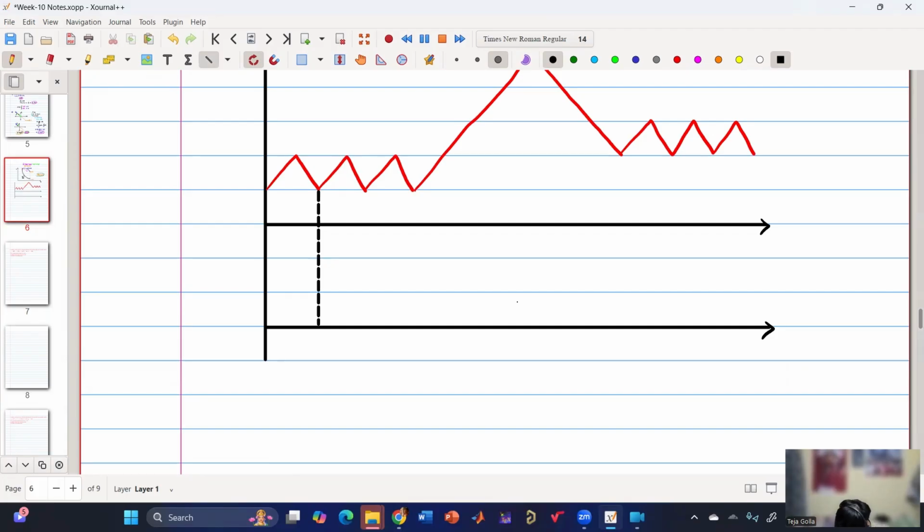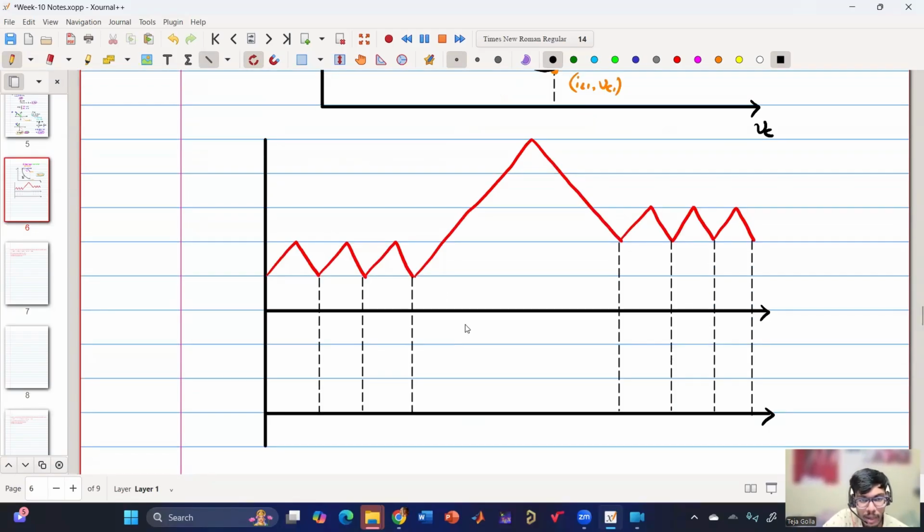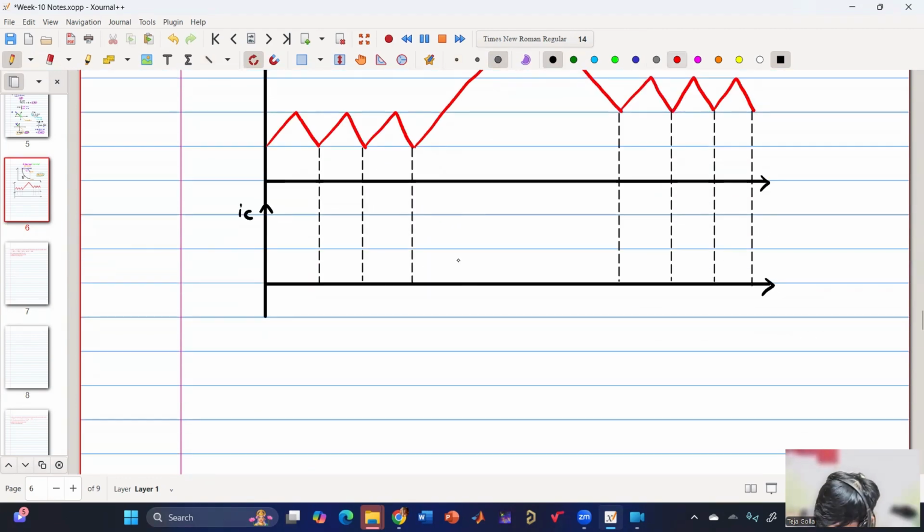So now I have to draw the voltage. Or first I'll draw the capacitor current. So this is my IL, as you know. Now I will draw IC. IC is basically nothing but IL minus I naught, right? So if I draw, I'll get something like this because the average value should be 0. And you know that whenever there is a load transient, initially the capacitor will supply the current, right?